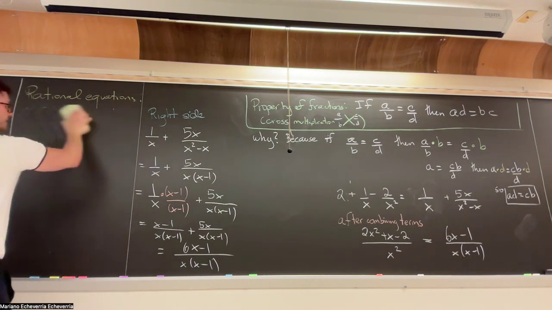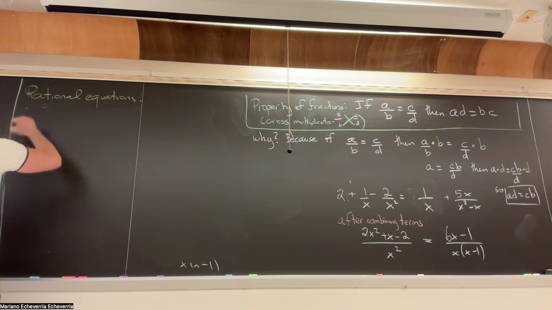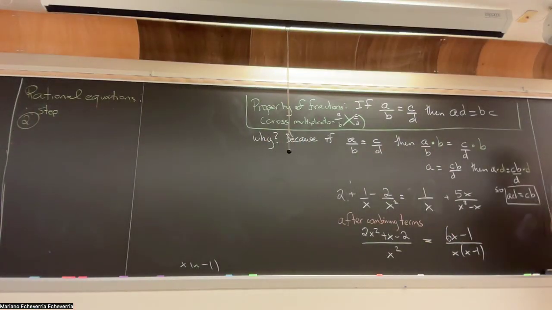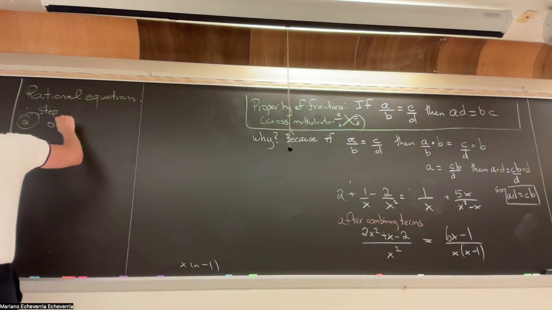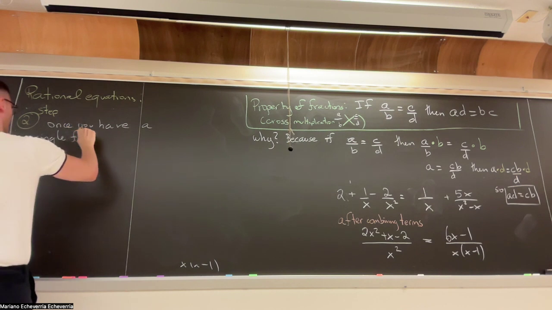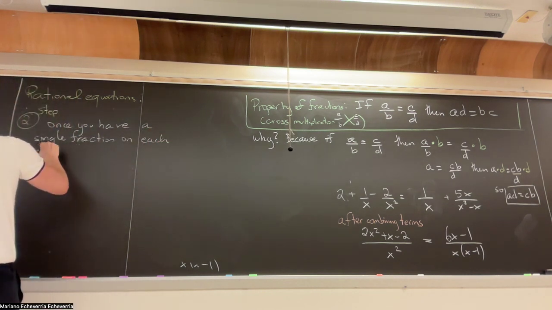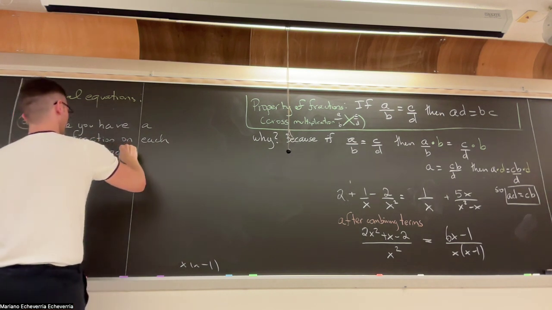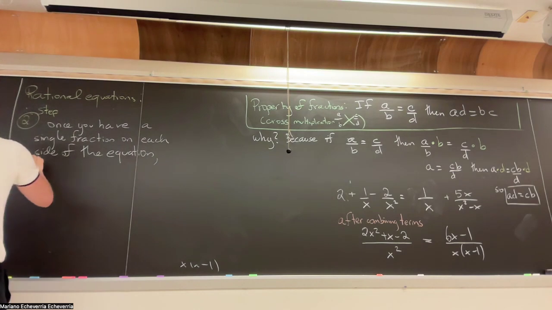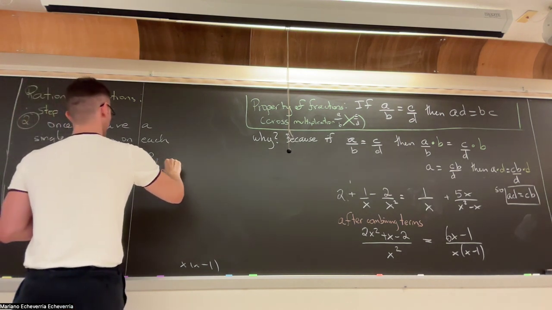So in step two, once you have a single fraction on each side of the equation, you cross multiply to remove the denominators.